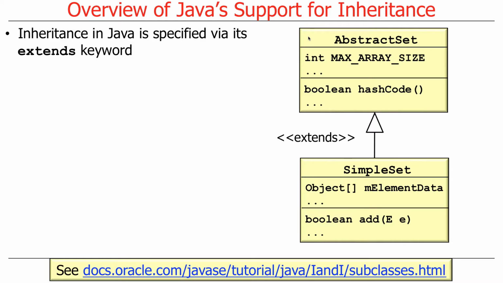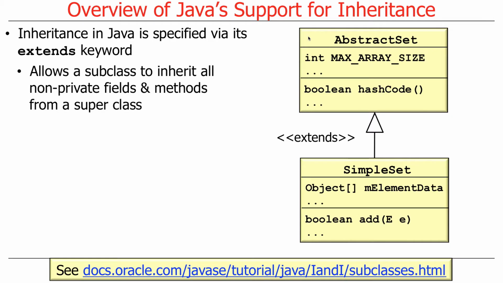Let's focus on extends. So here we have, for example, abstract set. And as you can see, abstract set has some things. And then we extend it to make a simple set. We'll talk about this in a second. So basically what inheritance allows us to do is it allows the subclass to inherit the non-private fields and methods from a superclass. Now, they also inherit the private fields, but you can't get to them.